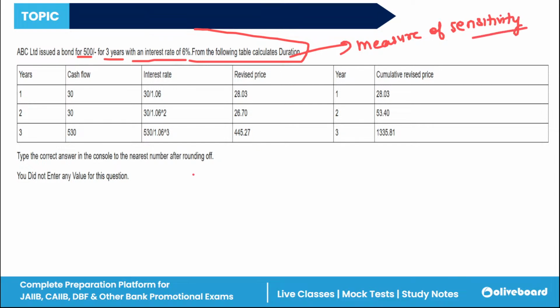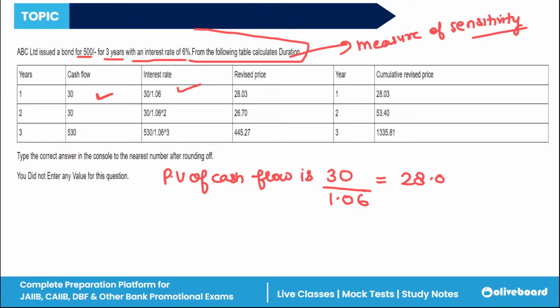Now the present value of the cash flow is 30 in the first year, that is 30 only, divided by 1.06, which is the interest rate, so that equals 28.03, which is the revised price.